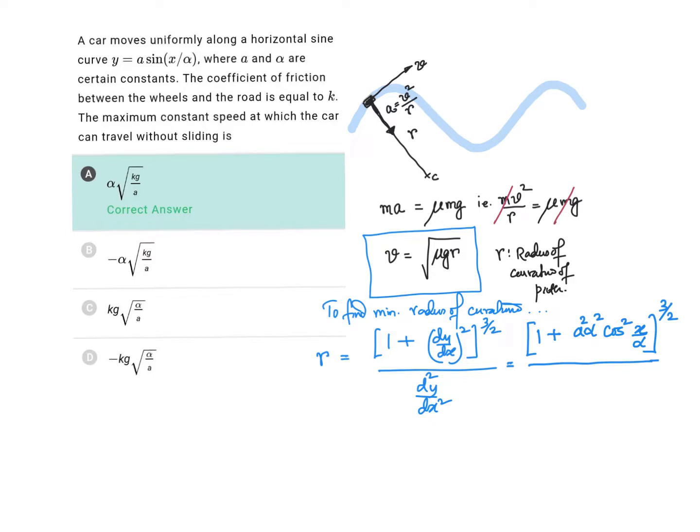Sorry, this alpha would have come below, so it's a by alpha, so a square divided by alpha square.